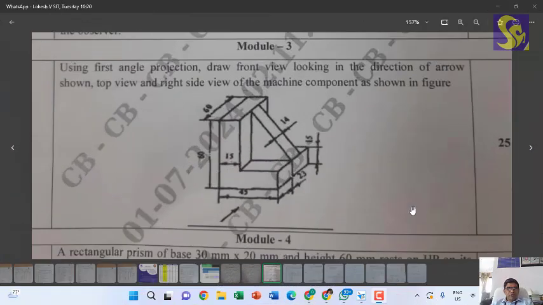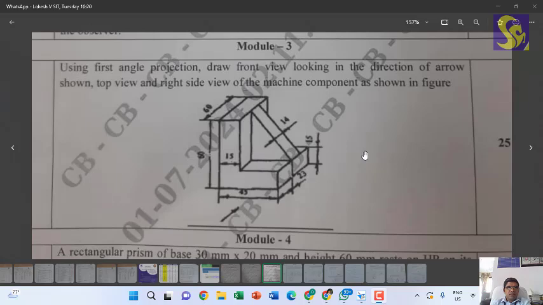One more problem we'll try to solve, that is on module 3 only, which is isometric projection. There is another part in that module wherein they'll give the isometric projection and will ask to draw the first angle projection, namely the front and top view as well as sometimes the side views.